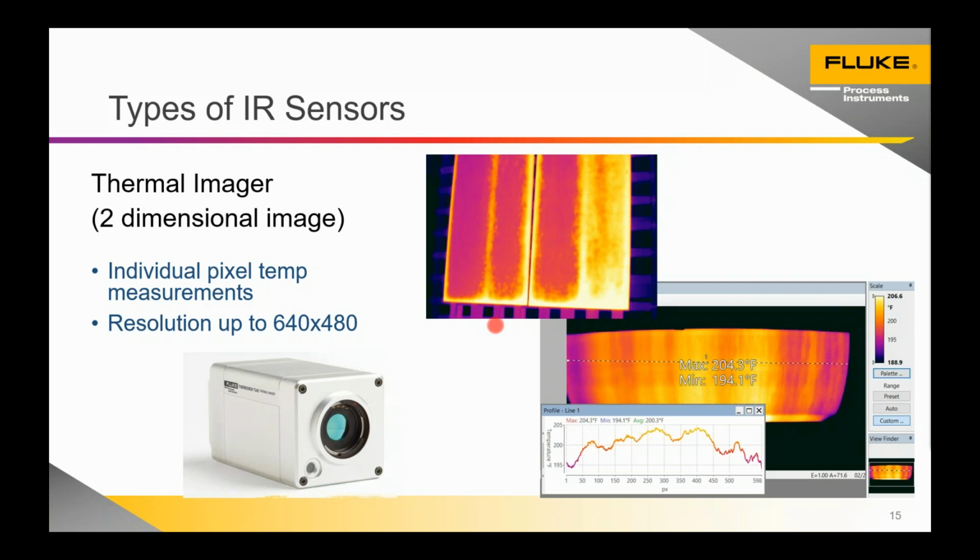In our camera, 60 Hertz is the refresh rate, and we're able to support that by having a very fast array, which is actually faster than the refresh rate. So we can really give 60 measurements of 640 by 480 pixels, 60 times a second.